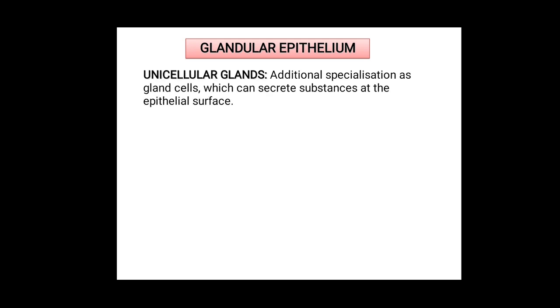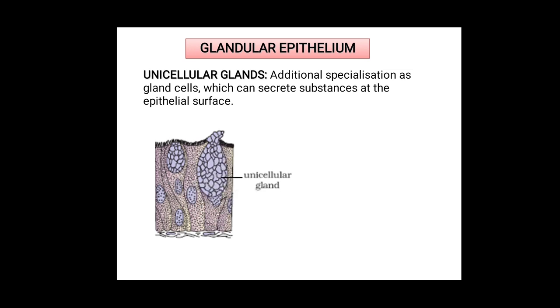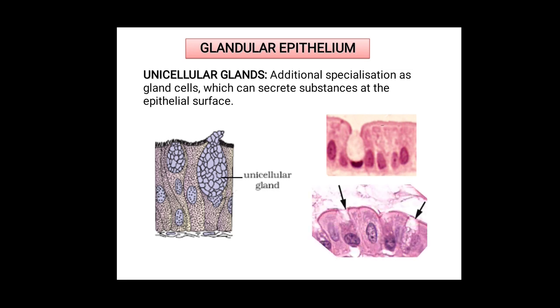Then you have the modified glandular epithelium. It can be of two types. The unicellular glands, where one single cell has been modified for secretion. You can see in the picture, there is one cell and it is in the shape of a goblet. What is a goblet? It's a wine glass. A wine glass is generally broad at the top and very thin at the base.